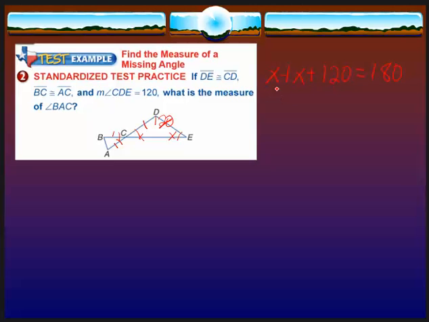So I'm just taking what I've labeled those angles and putting plus signs between them, and now I just do the algebra. If I subtract the 120 from both sides and divide by 2, then I know that each one of these angles is 30 degrees.